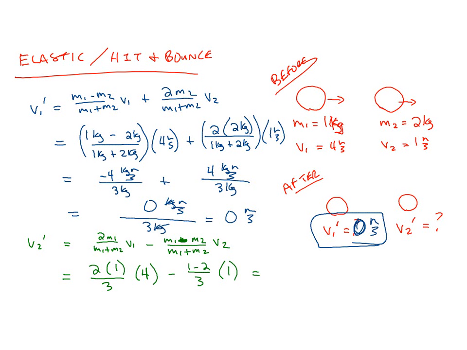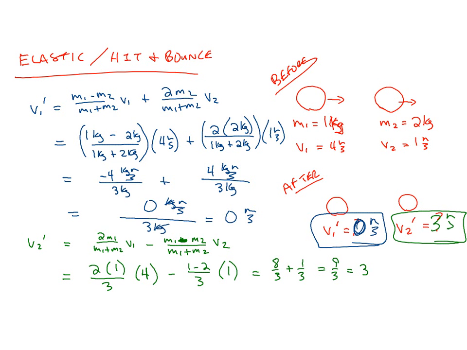Here I would have 2 times 1 is 2, times 4 is 8. So here's 8/3. Watch your signs really carefully here. 1 minus 2 would be -1 times 1 is still -1. I'm subtracting a -1, so that's like adding 1/3 here. This would be 9/3. 9/3 is equal to 3. And that would be the speed that I would get right here, 3 meters per second.